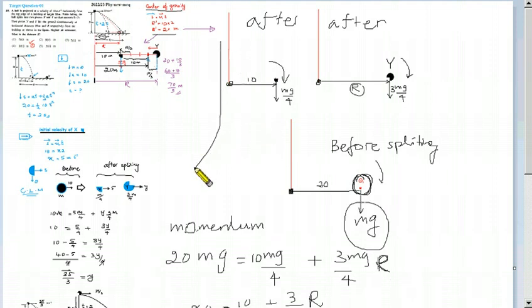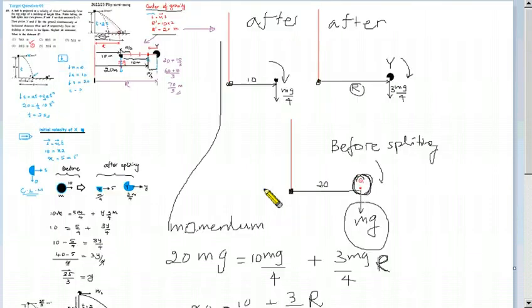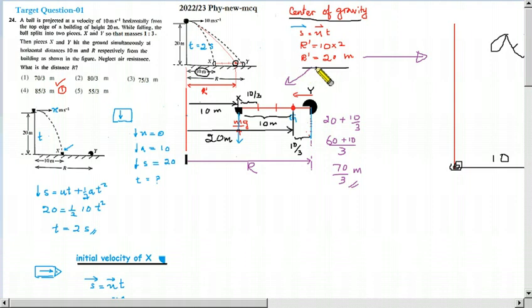So this one is the other method. But first of all you have to find out this distance 20 of the displacement of the center of gravity. But we have to find out not the displacement of the center of gravity, but the displacement of y. However, now I showed you various methods.